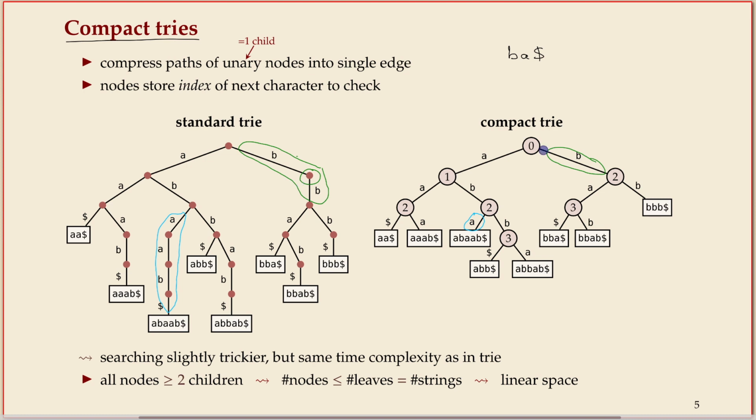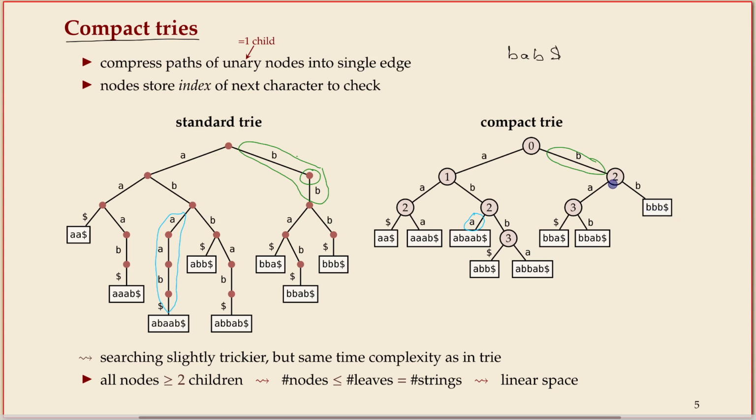If I do this in the compact trie, I find the B. I miss that the second part of this edge should be a B. And I might conclude, oh, maybe I have BA. In this case, there's no way to continue with dollars, so let me modify my example to BAB, and then the dollar. Same story here: B, and then I already fall out of the tree, so I know it's not in there. If I do it here, B, and then it continues with the B at this later position, I'm skipping one character. I might mistakenly think it's this guy.